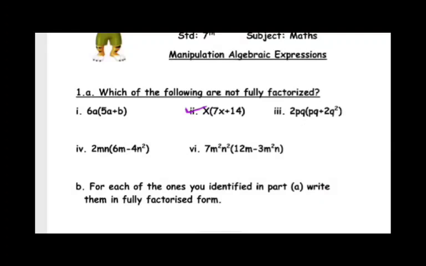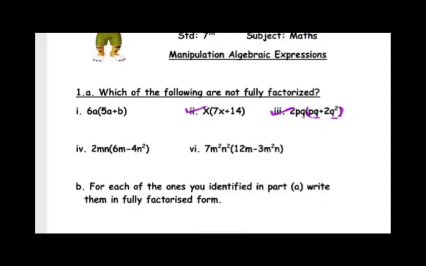Let's look at the next one. There is a Q here as well as here. Remember, I told you you have to look at the numbers or the variables inside the bracket. So we have a Q over here as well as over here. So this one is also not fully factorized. Let's go to the next one. It says MN.